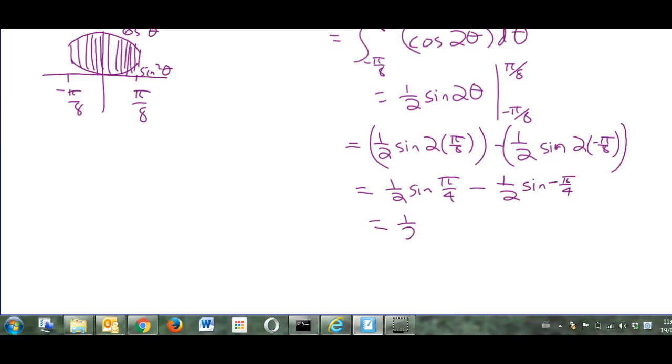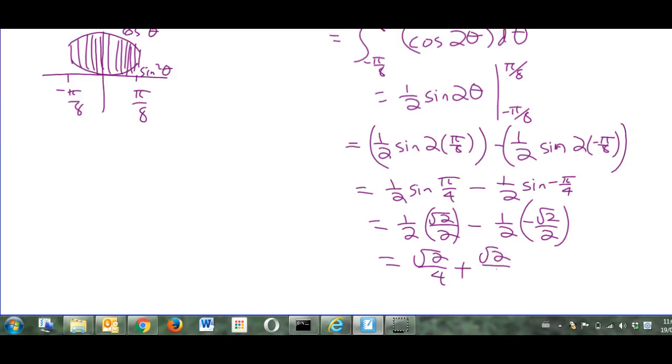What's the sine of pi over 4? Root 2 over 2. What's the sine of negative pi over 4? Negative root 2 over 2. So we got root 2 over 4 minus, no, plus root 2 over 4, which is 2 root 2 over 4, or root 2 over 2.